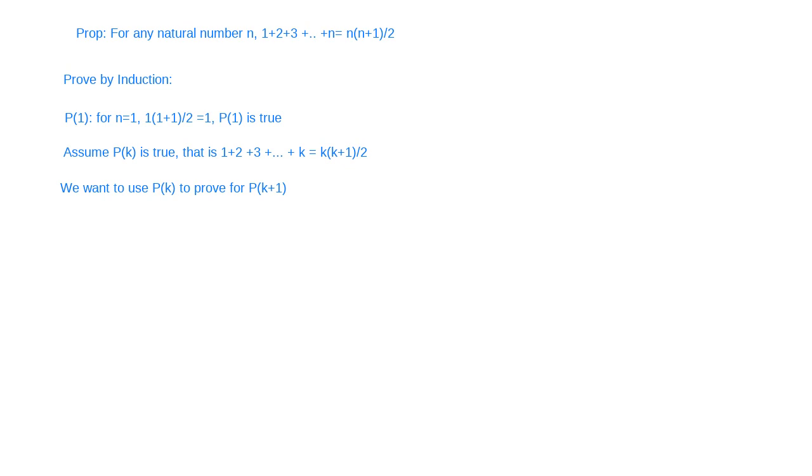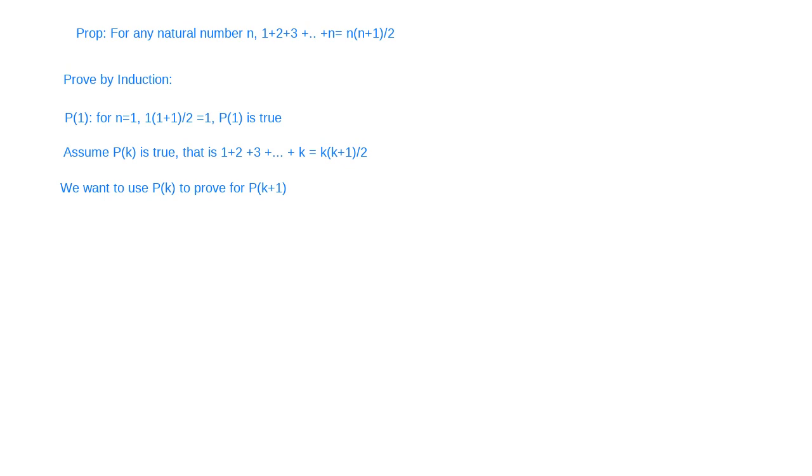For n equals k plus 1, n times n plus 1 divided by 2 equals k plus 1 times k plus 1 plus 1, divided by 2.